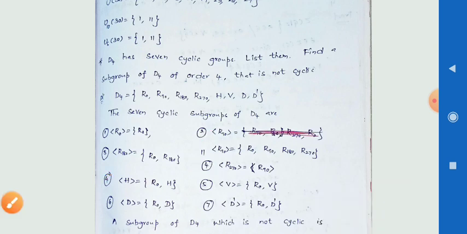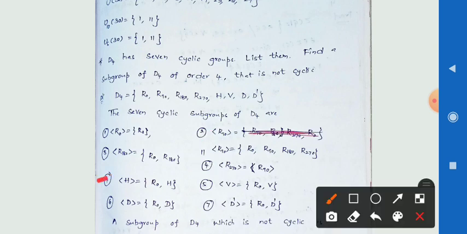Now the generator H, meaning horizontal reflection, generates the set R0, rotation 0, and H.